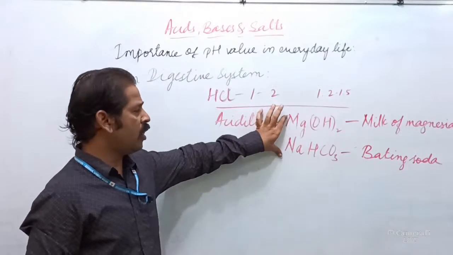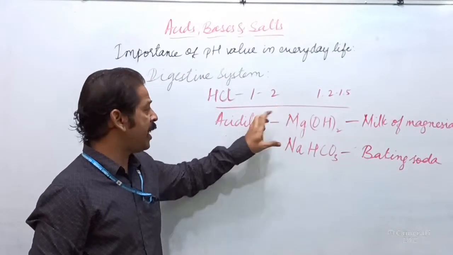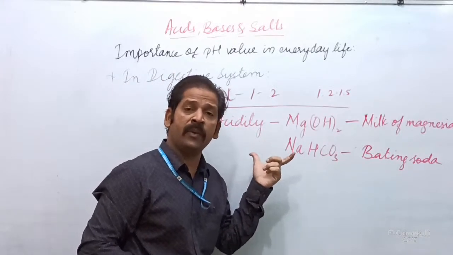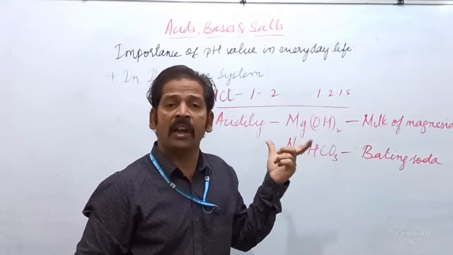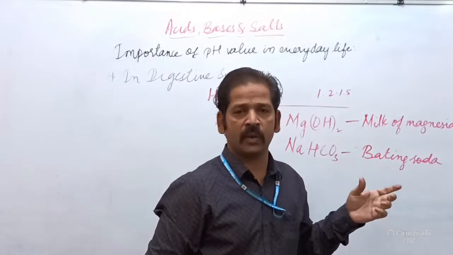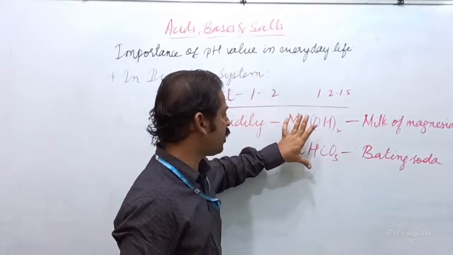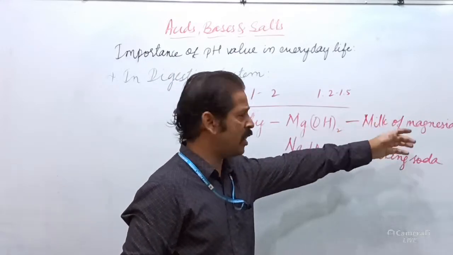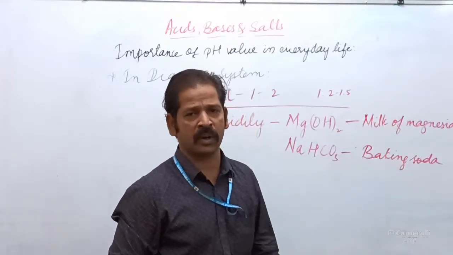These two will give us relief from the acidity, because if you ignore the acidity, it may lead to hyperacidity. So it is most important to get rid of this. You can use any one of the chemicals, milk of magnesia or baking soda.